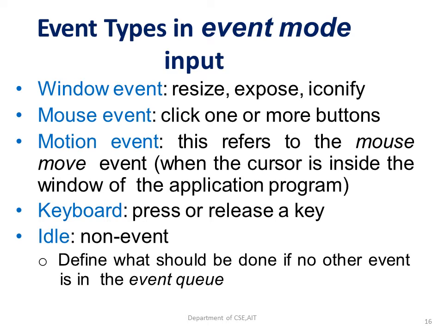We can also have a keyboard event, which will work whenever we press or release a key. We also have an idle event, which runs whenever no other significant events are running in the event queue.